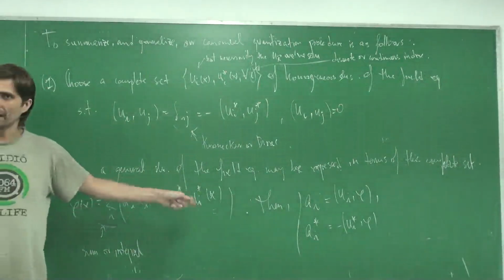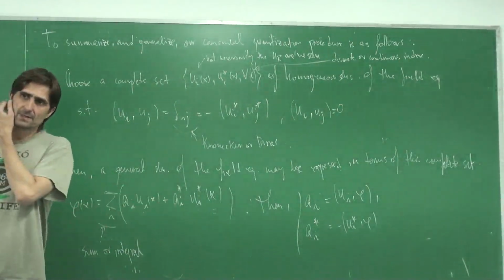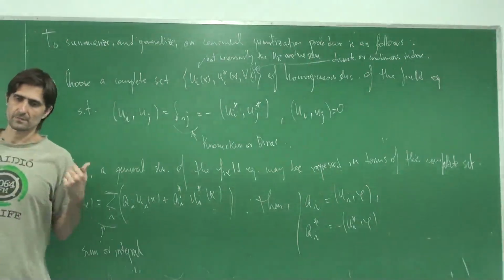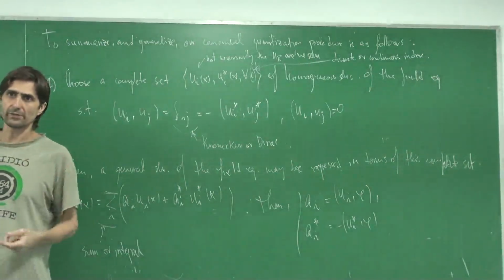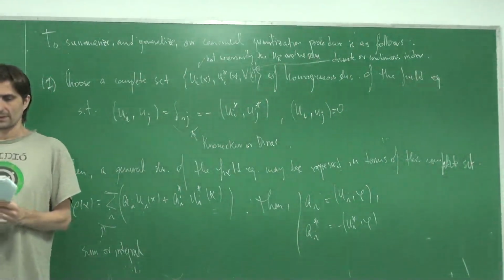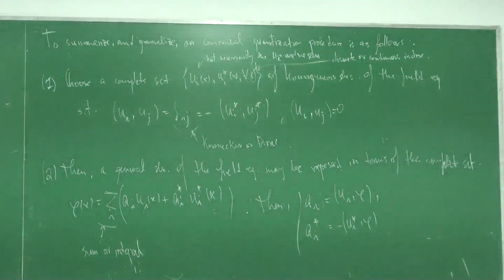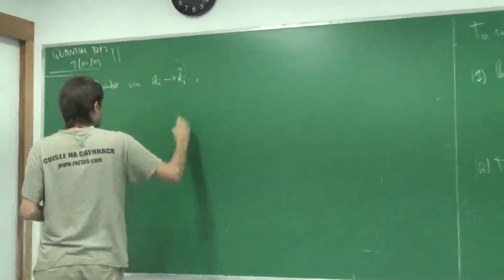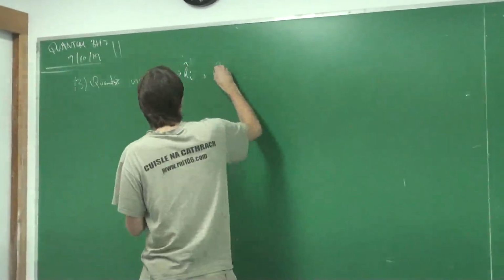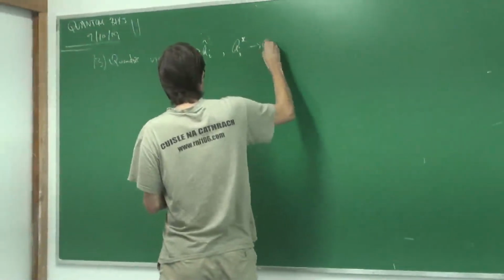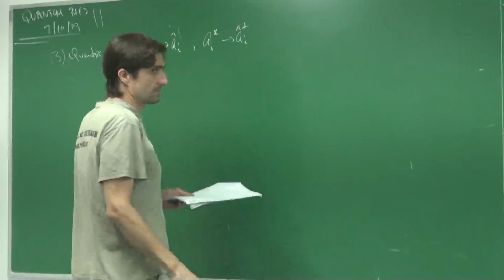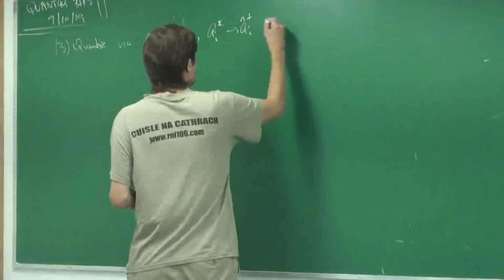The a_i's are annihilating, the a daggers are creating quanta in that harmonic oscillator. So quantize. And you quantize by promoting these Fourier coefficients to operators in this way, and obviously the field.